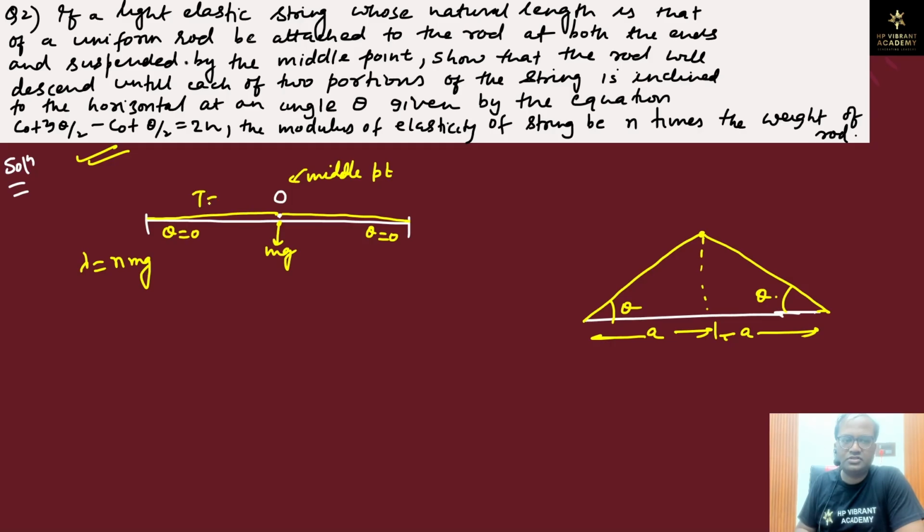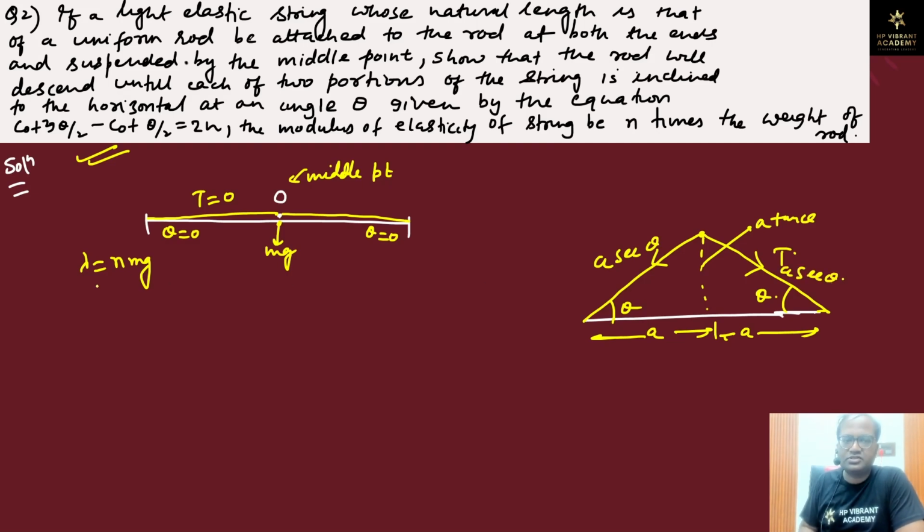Here the tension is equal to 0 because theta is equal to 0 in this position. Now let us consider the tension at the final position as T. So this distance will be a tan theta and this distance will be a sec theta. This is also a sec theta.